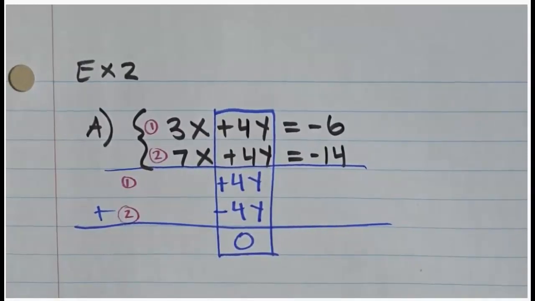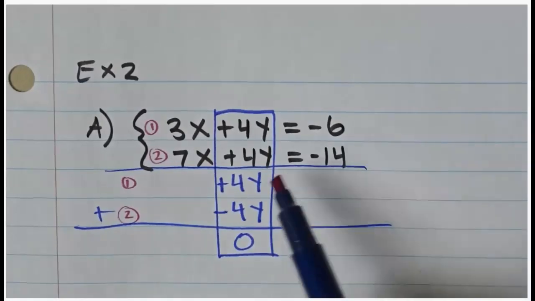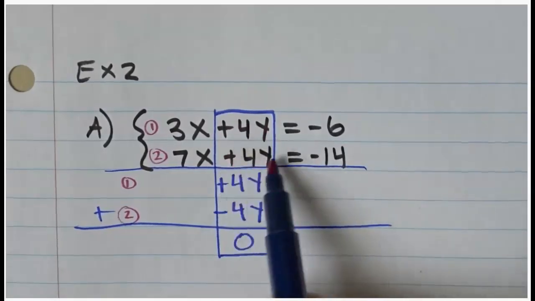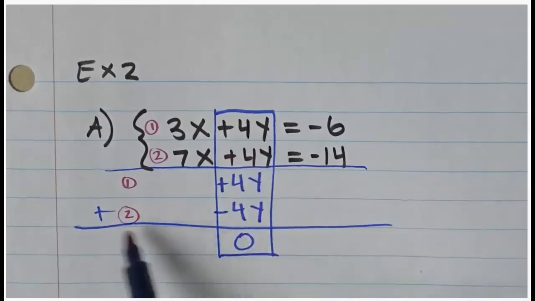And that's okay. Once you make that wish, we got to make that wish come true. And the way we make that wish come true is mathematically change that equation. So 4y positive, that one's okay. But the second equation has a positive 4y here, but I need the second equation to have a negative 4y.